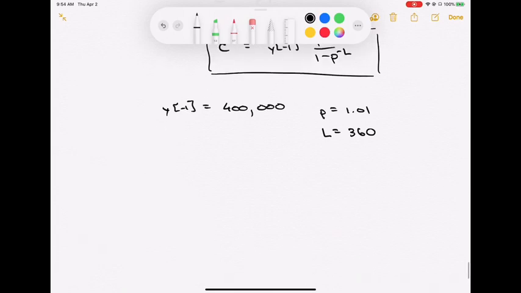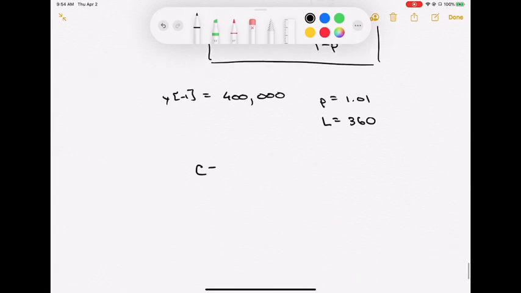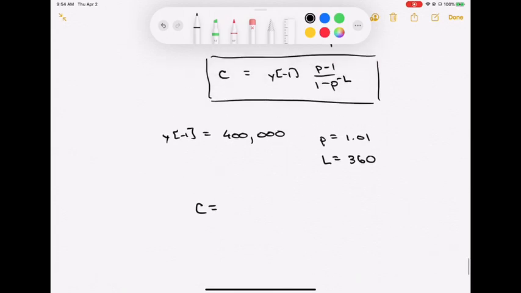What we didn't know in this loan problem was what is C, and I can go ahead and make the calculation on that. This is going to require just a little bit of calculator work, so I'm going to see if I can do that. I'm going to do this a little bit differently. So 1.01, then negative 360, and I'm going to raise that. And so that gives me a number.